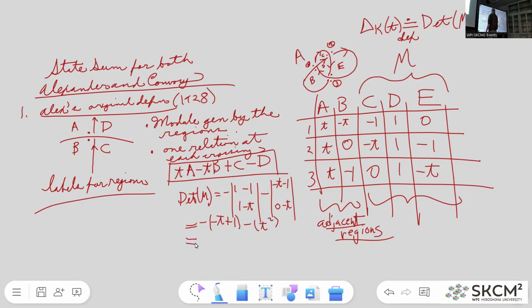So that's equal to plus minus t plus 1 plus t squared, which is equal to t squared minus t plus 1, and I breathe a sigh of relief because, as we said, that's the Alexander polynomial of the trefoil. So that's how Alexander defined it.